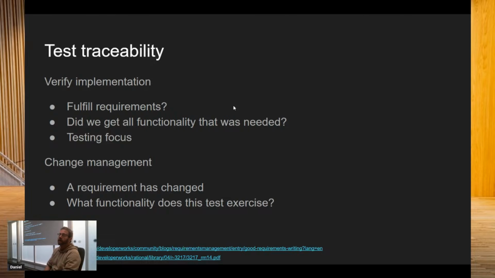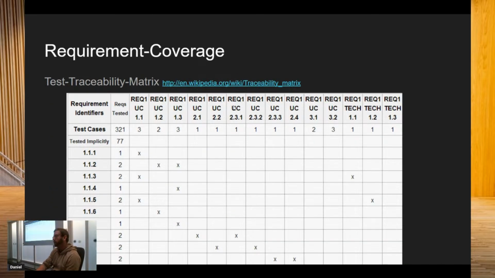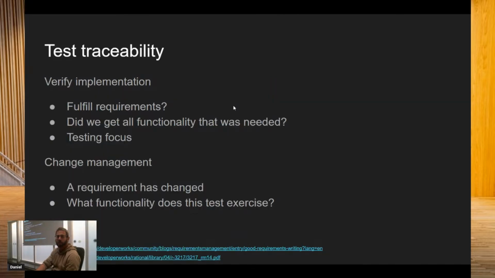Now we are interested in knowing if our requirements have tests, and if we got all the functionality that was needed, and we also want to be able to focus our testing on a specific part, for instance the authentication system. You've already seen the traceability matrix, so you already know how to do this. You list your requirements and you list test cases, and you can see the mapping between them.